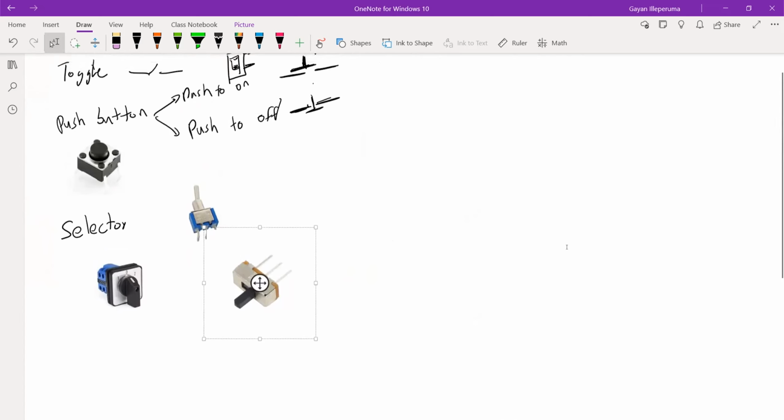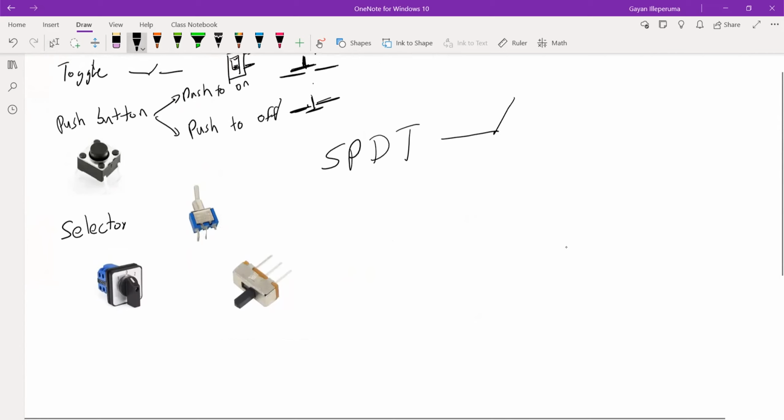Now these switches come in different connections. We have SPDT, which stands for single pole double throw. That means you have a single pole that can be connected to two of the possible output options, either to A or to B. Or you can have DPDT, which stands for double pole, double throw.